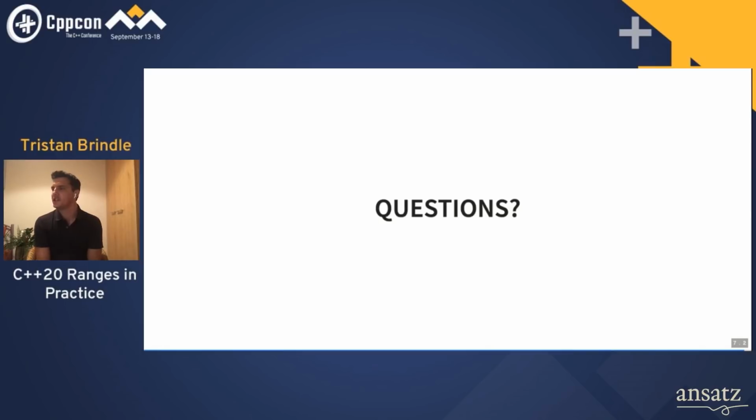So next question, I'm just going to continue until I'm told I can't anymore. What's the performance impact of ranges versus the STL? That's several questions in one that I will do my best to answer. Firstly, the performance impact of the ranges algorithms, that is the algorithms in the standard ranges namespace, standard ranges sort versus standard sort, there is no performance impact whatsoever.